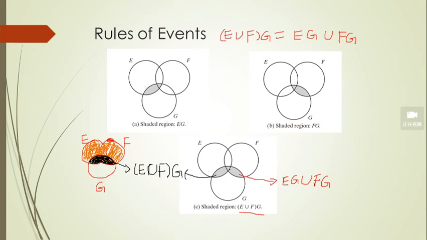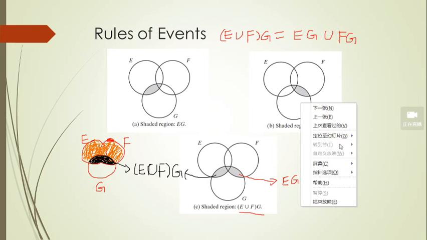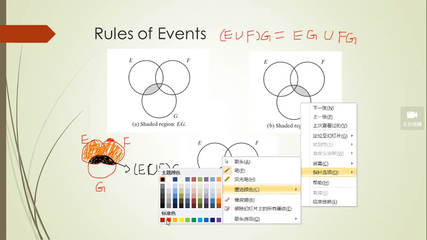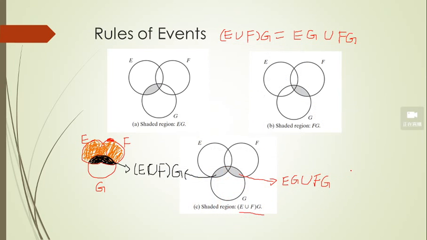We know this part is E and G, or F and G, right? So that makes sense. And it is a very direct way to use the graphical representation. You can also try the second part of the distributive laws and draw that.